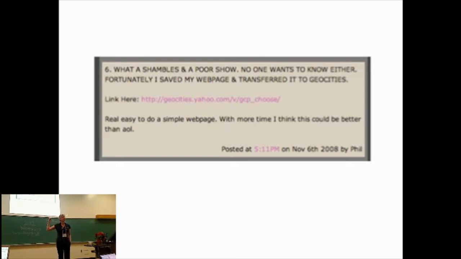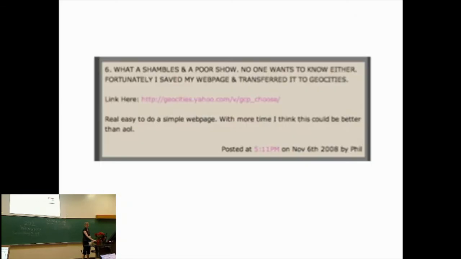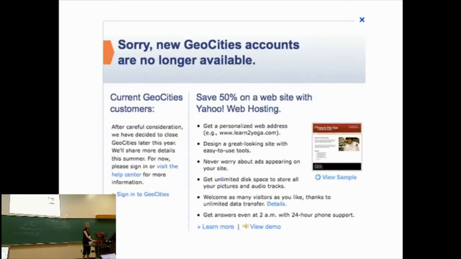Who's charting the metric of this emotion? Shouldn't that be part of our social psychological agenda, the Hubble telescope of what it means to be online? GeoCities. Because this person moved to GeoCities, right? Gone.